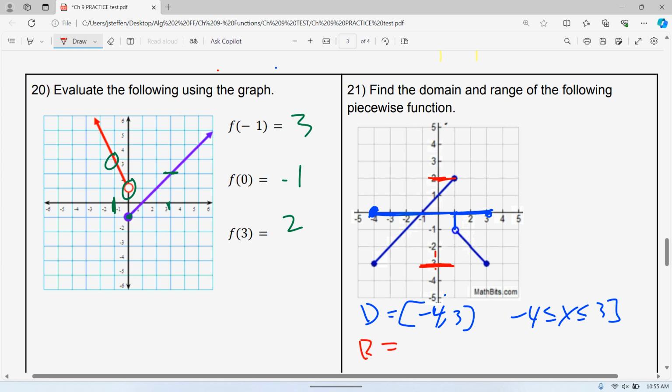So your range is here up to here, so -3 to 2. So again, -3 less than or equal to y less than or equal to 2. Make sure you put the y there. I randomly put a bracket on this one and shouldn't have.